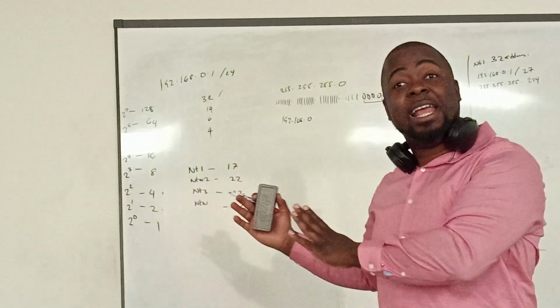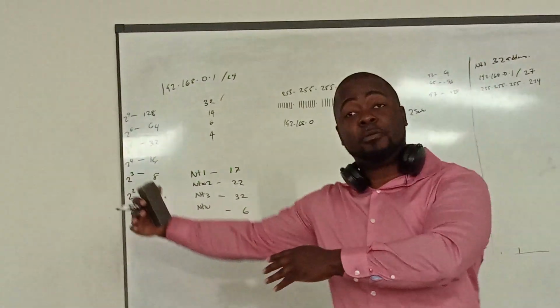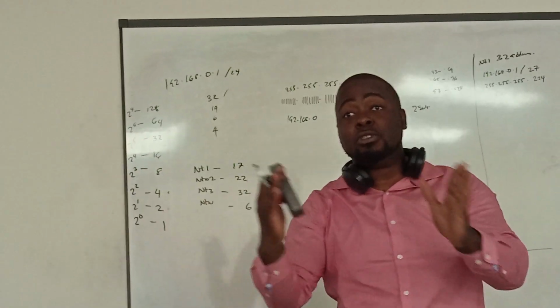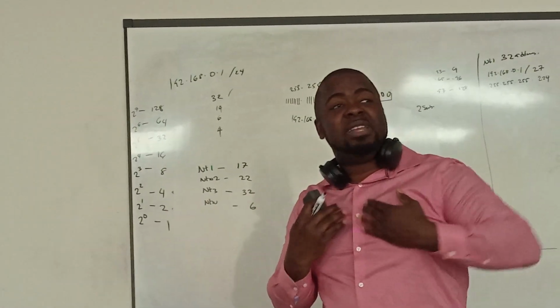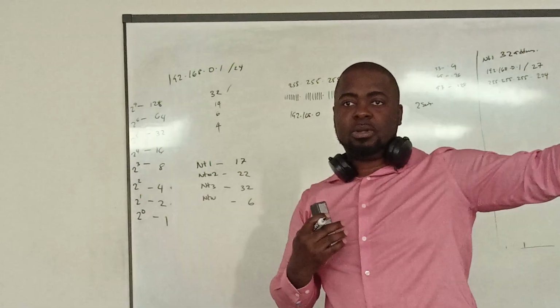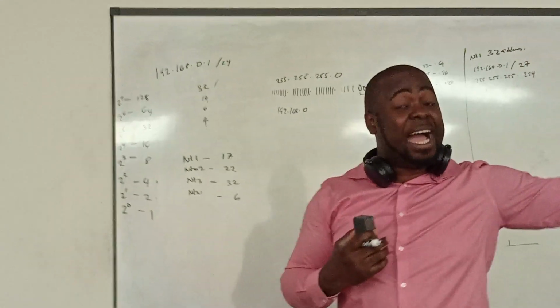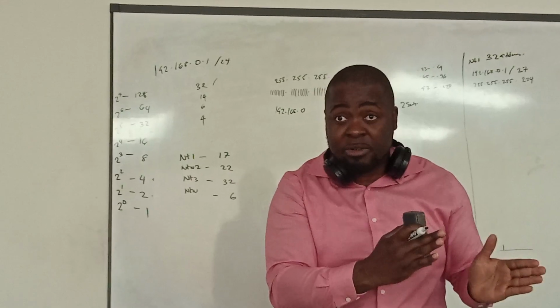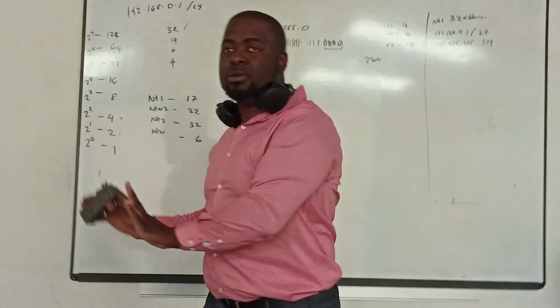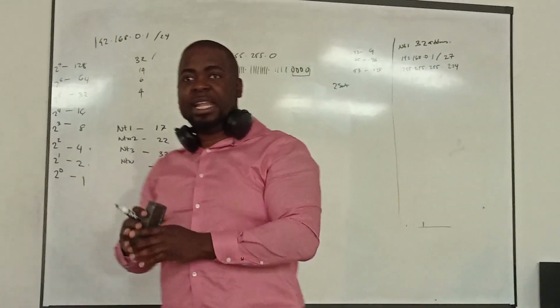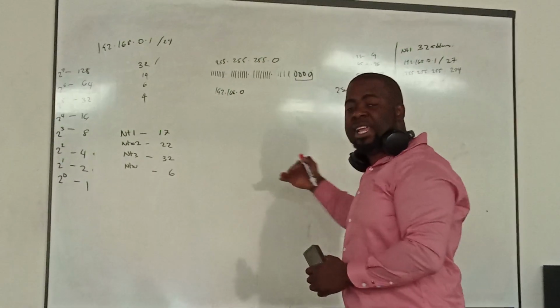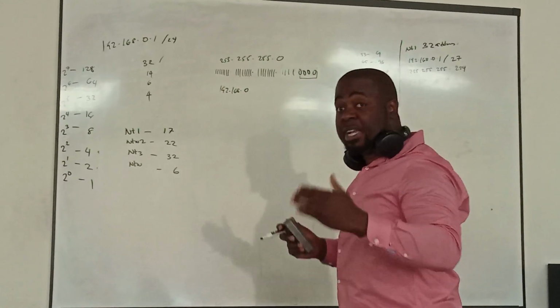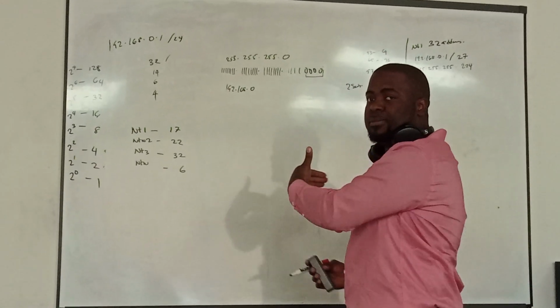In VLSM, I go from the back, count the number of host bits that I need, and whatever I have left, I borrow to the network. That's the difference. That's why VLSM you count from the back, and regular subnetting you count from the front.